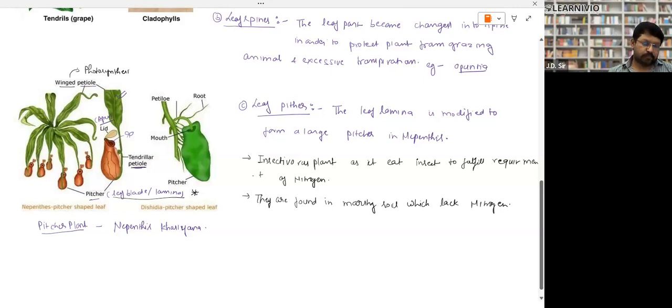In pitcher plant, petiole becomes winged. Very important point. In pitcher plant, petiole becomes winged, and it performs the function of photosynthesis. Full stop.